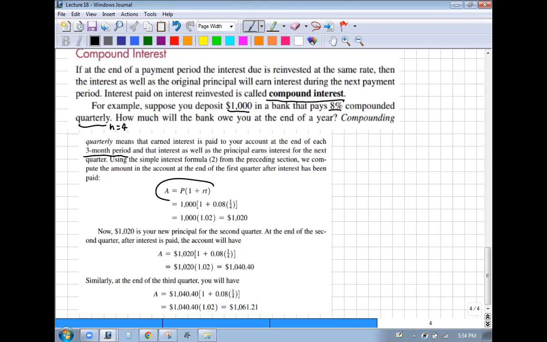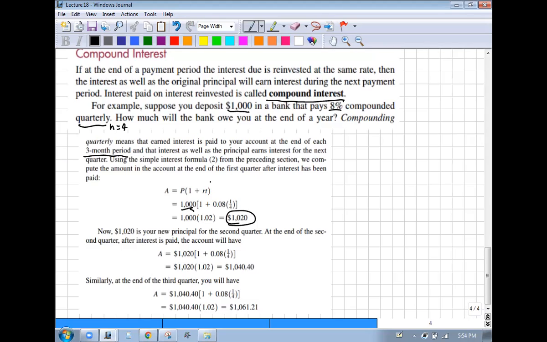So using the simple interest formula, we're going to use this to get the intuition so that we can derive the formula for the compound interest. For the first quarter, here's our simple interest. We have $1,000 and we have 8%, but it's only for a quarter of a year, and we end up with $1,020, right?